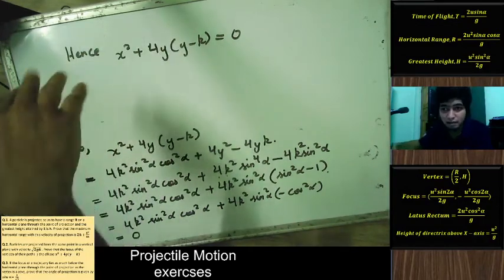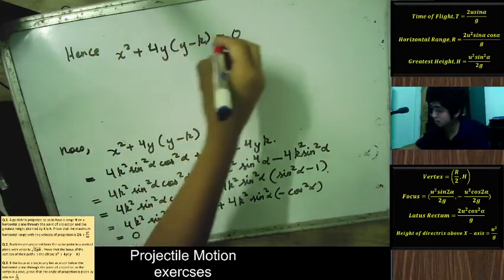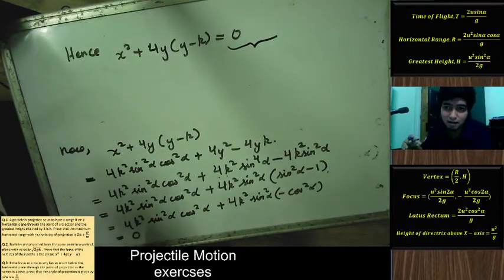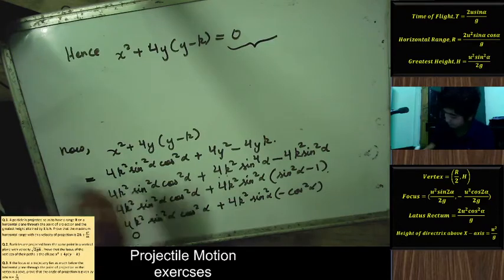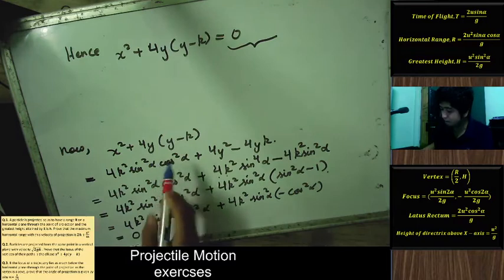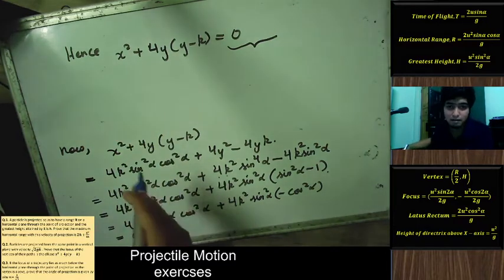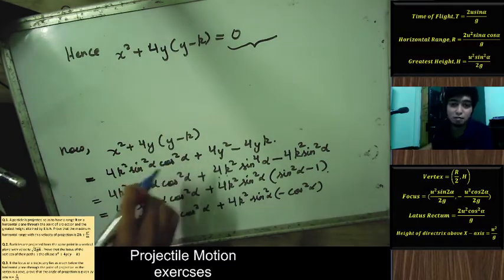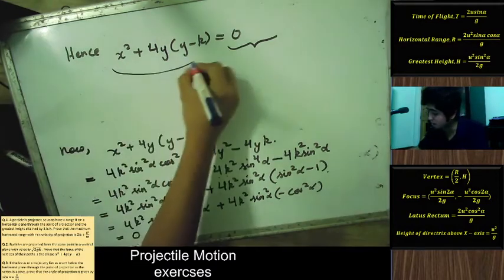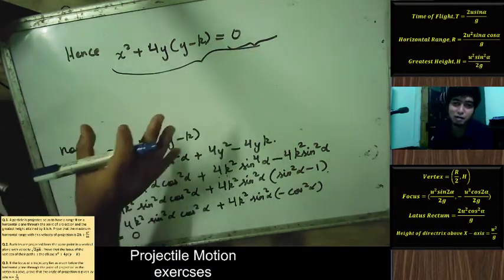Okay, so we can conclude that it is a locus because the right hand side no longer depends on the angle alpha. In the intermediate steps we are having alpha, but ultimately we see that it no longer depends on alpha. That is why we can conclude that this one is indeed the required locus.